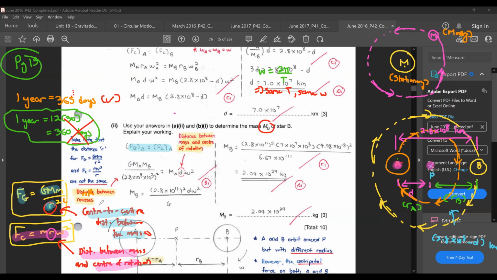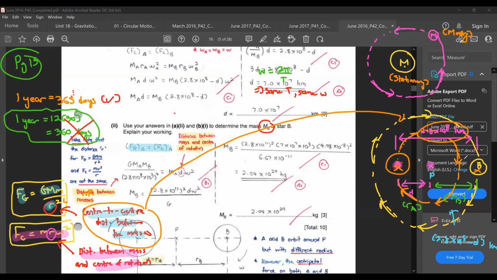In your case, the center to center distance between your masses is actually this one. You're using the center to center distance between the masses, not the distance between the mass and the center of rotation.